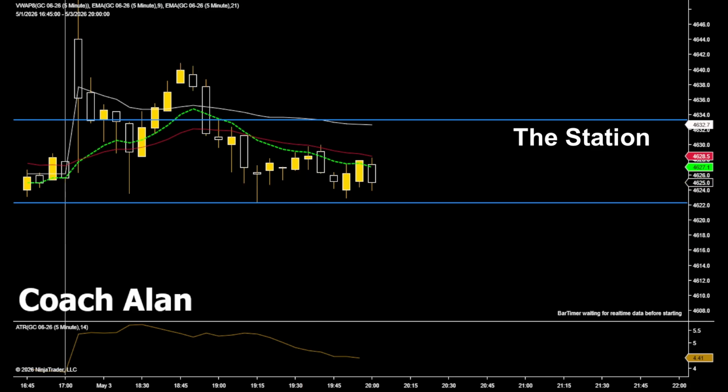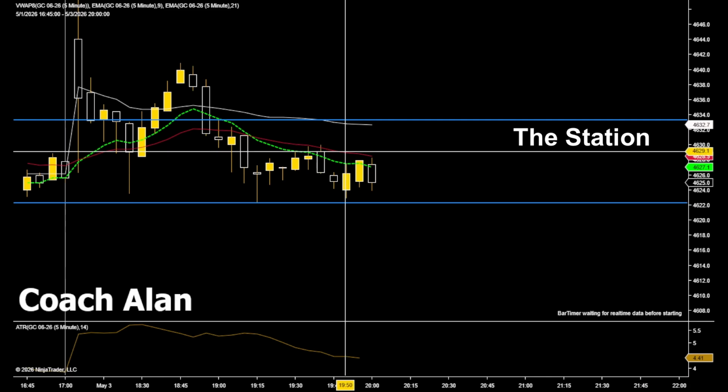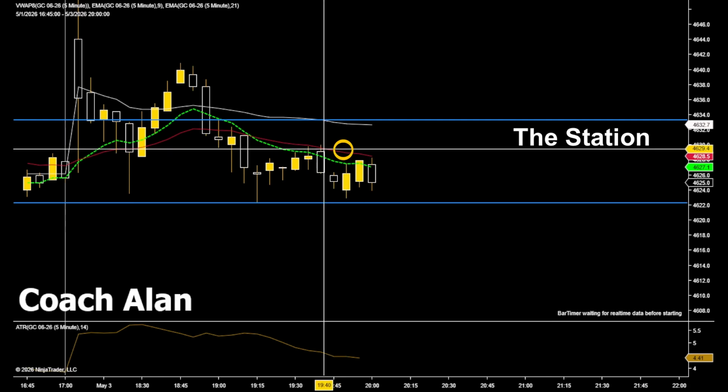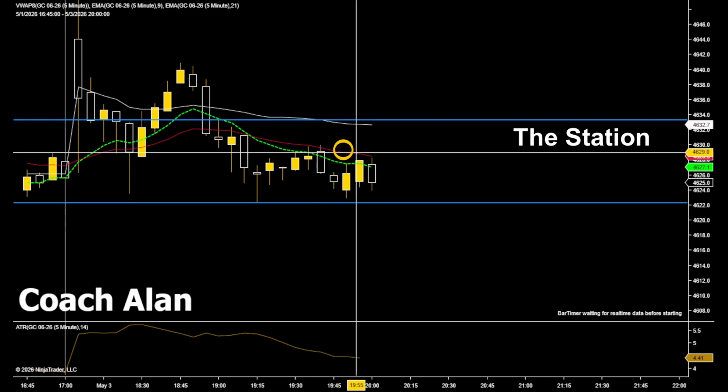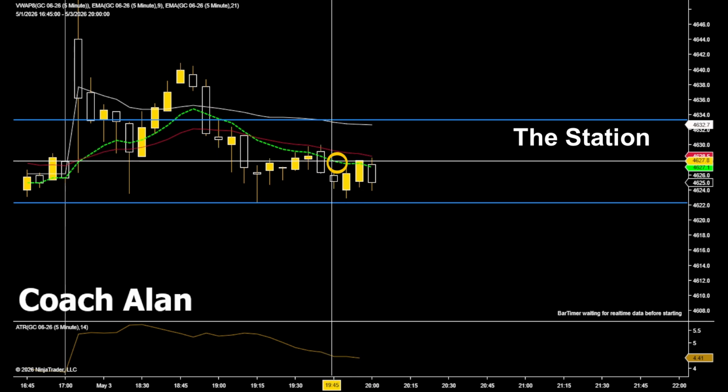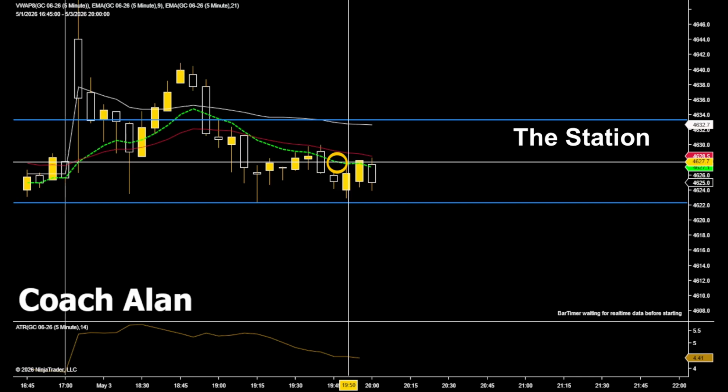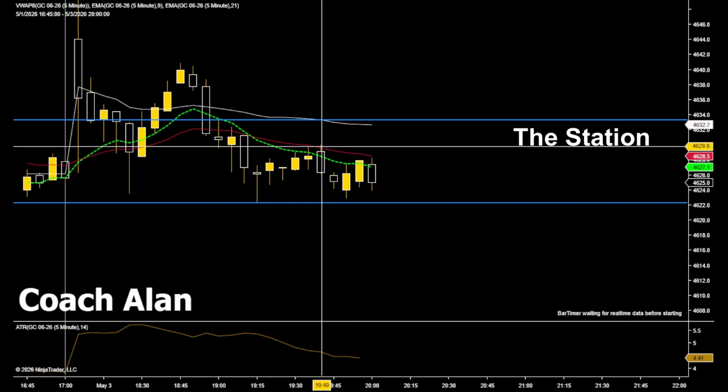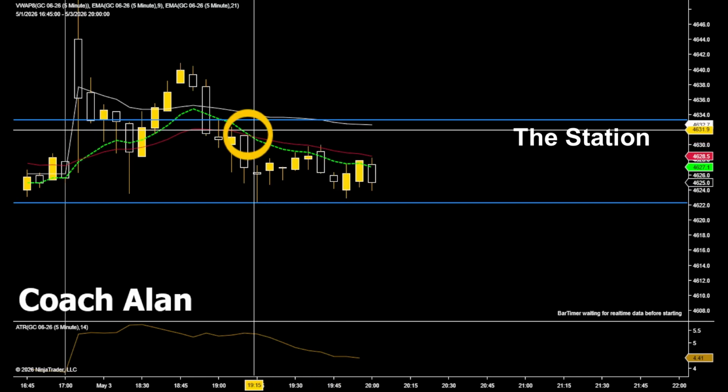Now here's how we determine if we're going to go short for a sell or go long for a buy. We look at these two EMAs. Right now, our 21 EMA, which is this red line right here, is over the top of this green dash line, which is the 9 EMA. Here's the important thing. See where they cross right here?